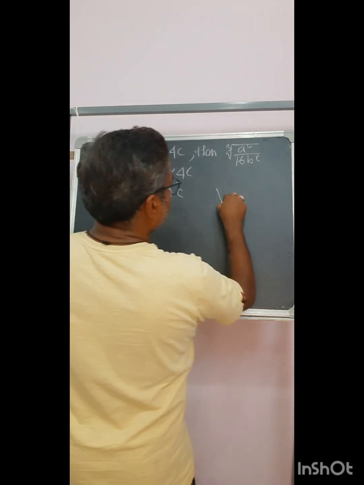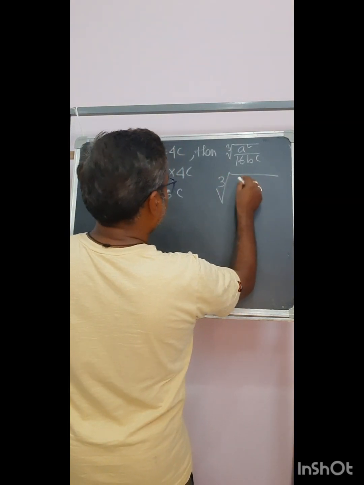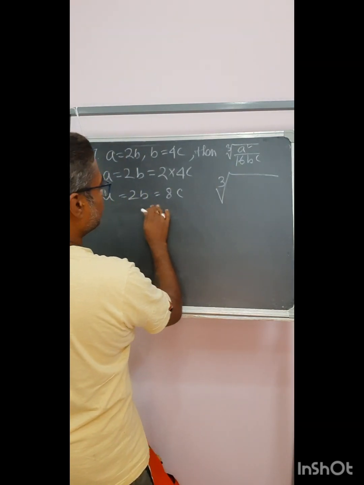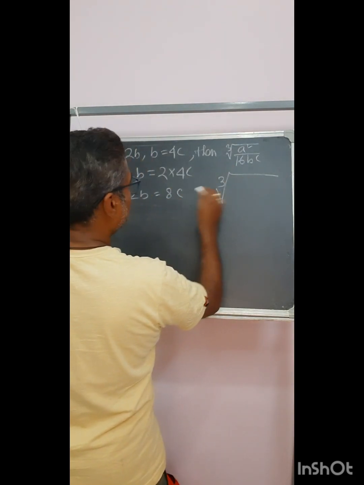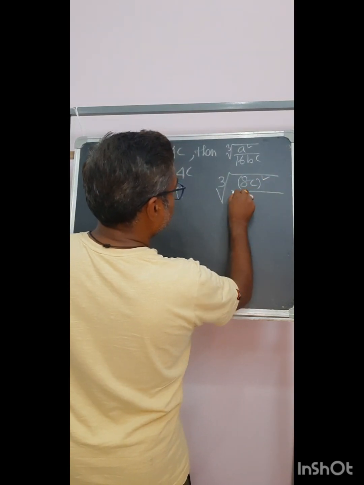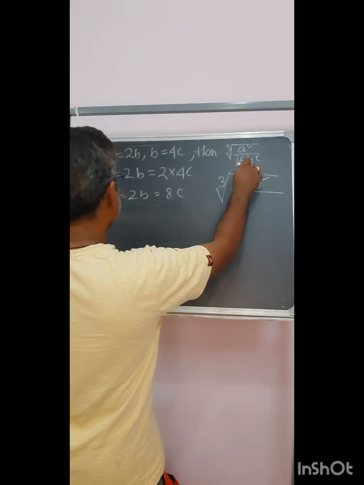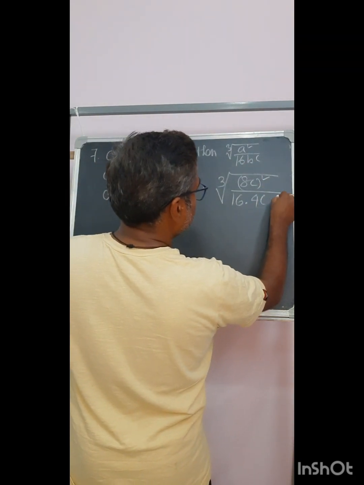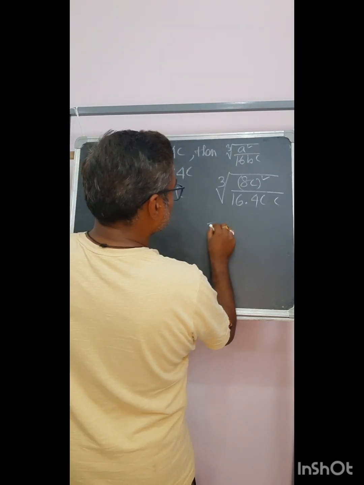If I put the value of A square, A is the bigger one because A is coming in the multiple of everything. So I will convert A into C: 8C whole square. The other thing, 16B, also in terms of C: B is 4C, so I put 4C and C here.